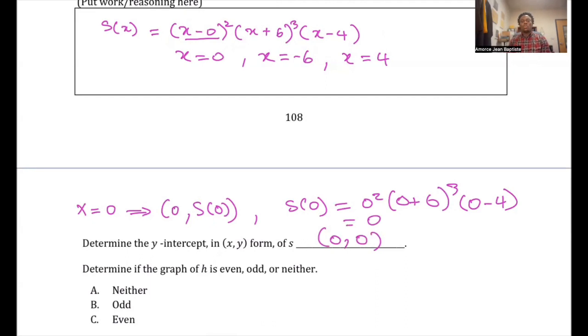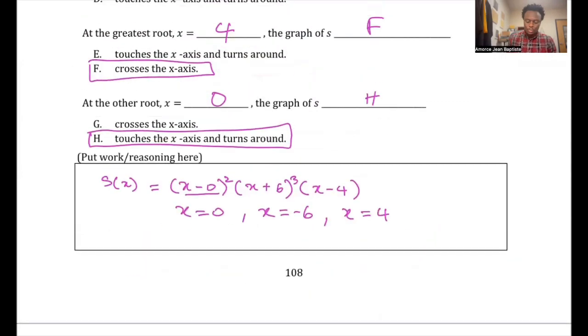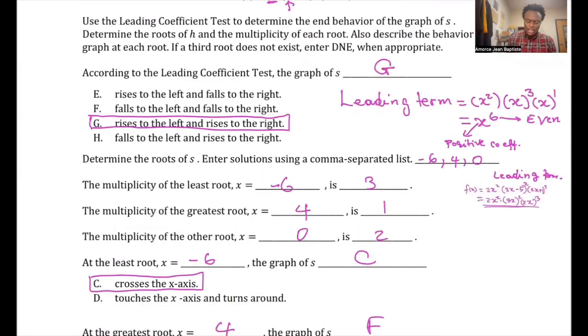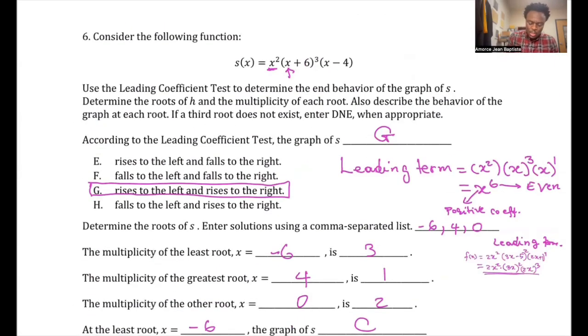And the next thing we want to see is whether the function is even or odd. Well, clearly we have different types of exponents, because when you have a function in factored form, there's no way you can have the same exponent when you have various exponents for each factor like this.